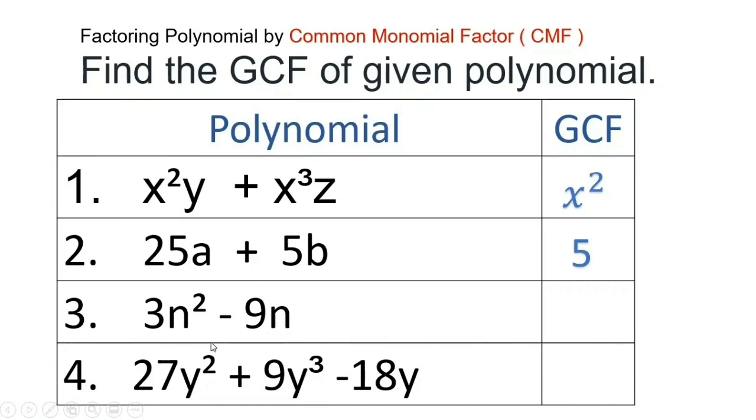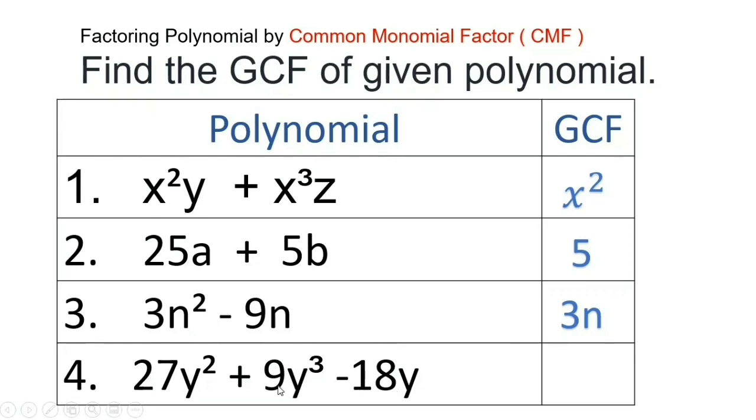Pero, hahanapin mo lang doon yung may pinakamababang exponent. So, dito meron tayong visible na 1. Therefore, n na lang yung ating ilalagay. So, we have 3n. So, for number 4, we have trinomial dahil meron siyang tatlong terms. Ano yung GCF ng 27, 9, and 18?